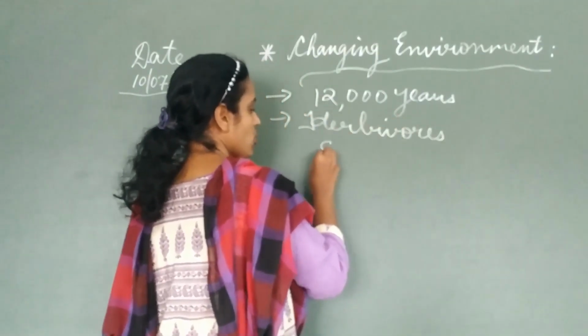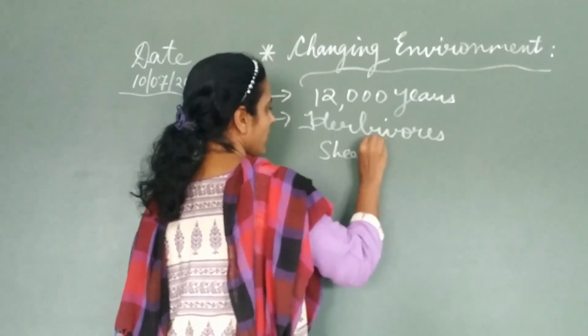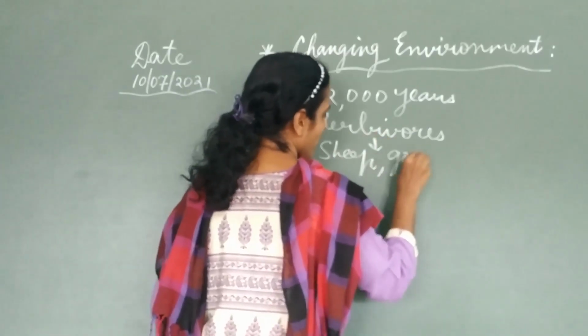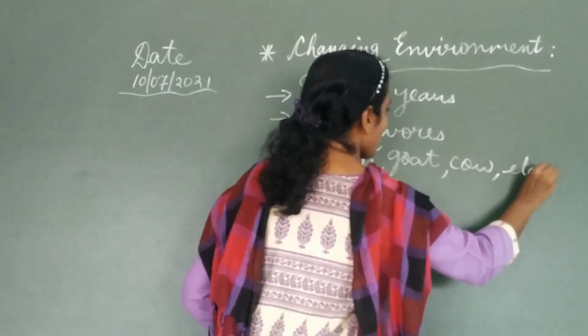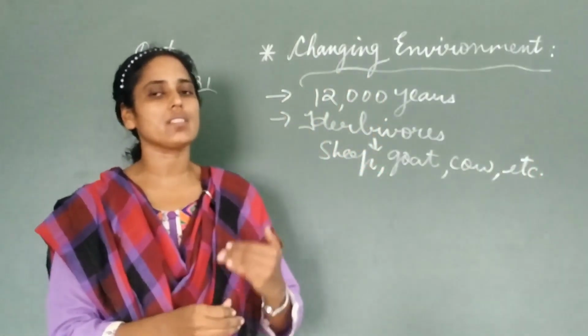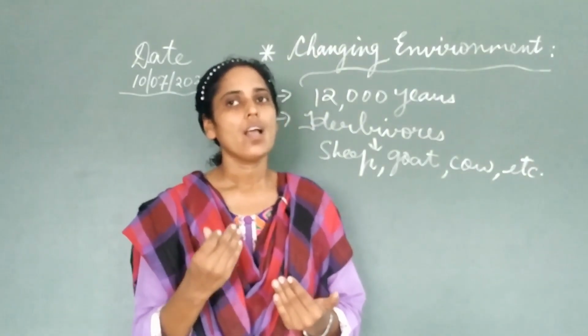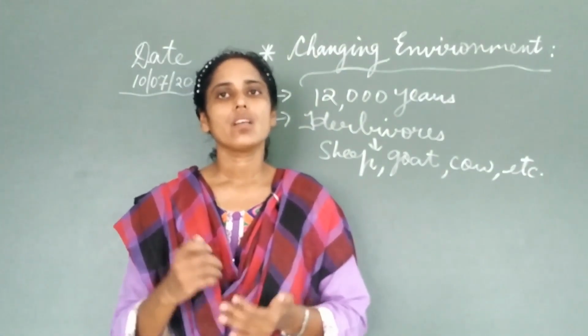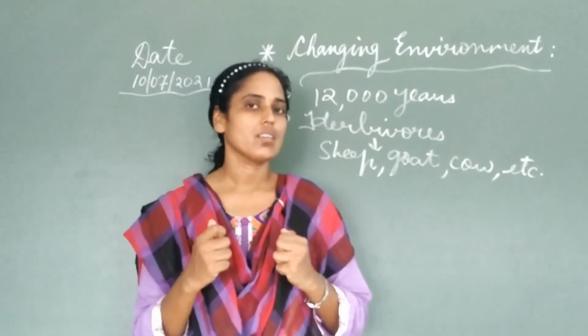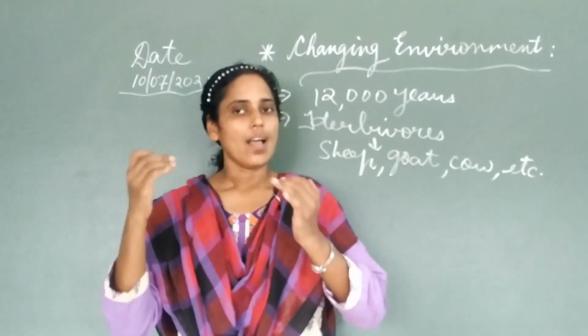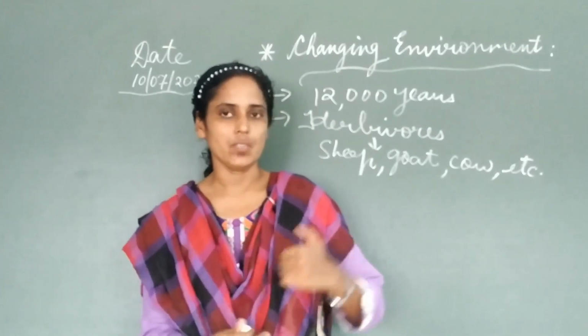Okay, example: sheep, goat, cow, etc. The list goes on. Okay, so in this way, the number of herbivorous, grass-eating animals increased, and due to that, what happened? The primitive man got an instinct to keep these animals as his domestic animals.